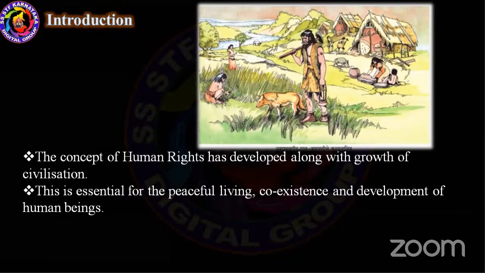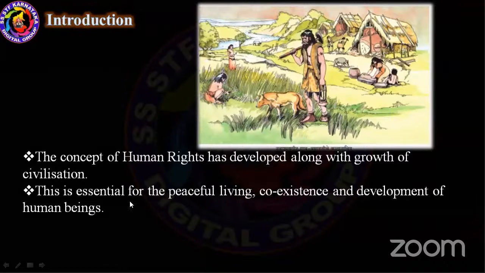They did not particularly name them human rights, but people were demanding rights from their rulers and administrators, the right to live a liberal, comfortable life according to their wish.